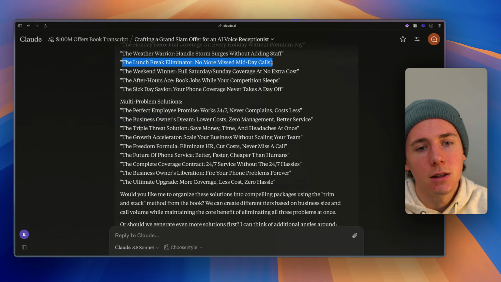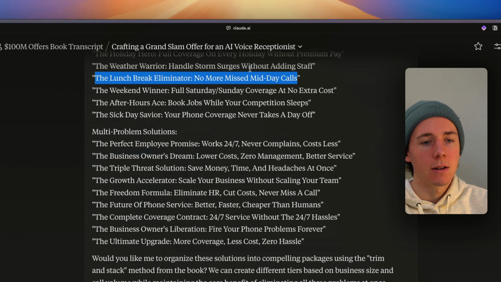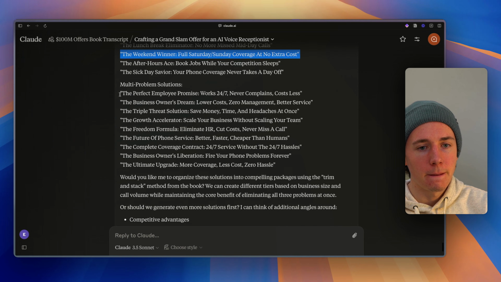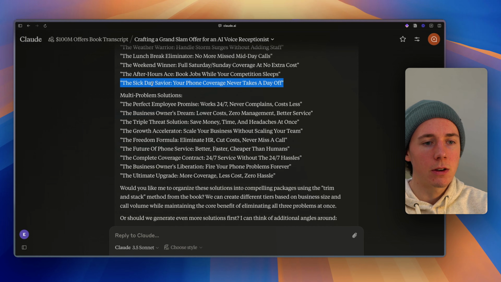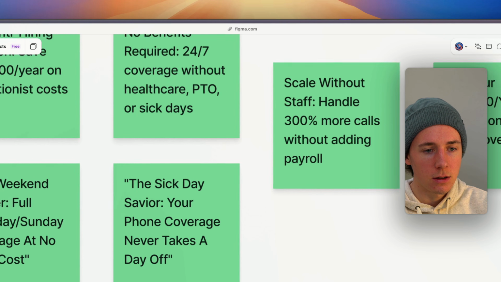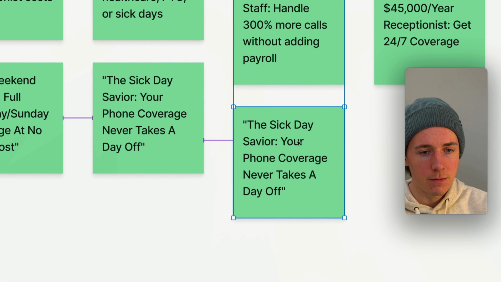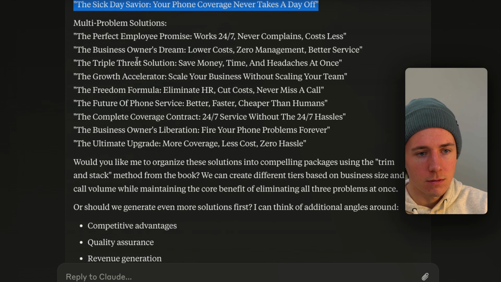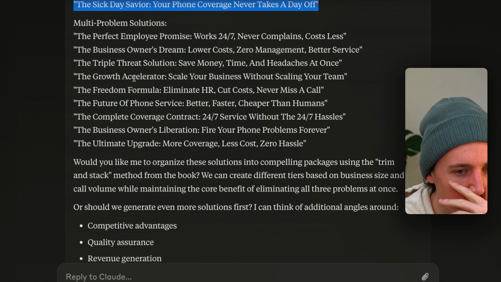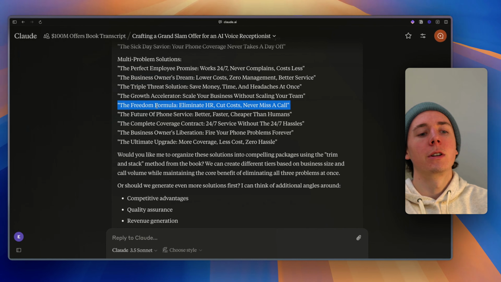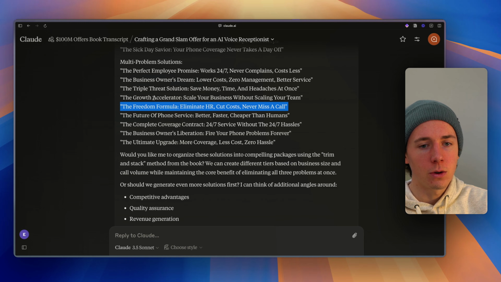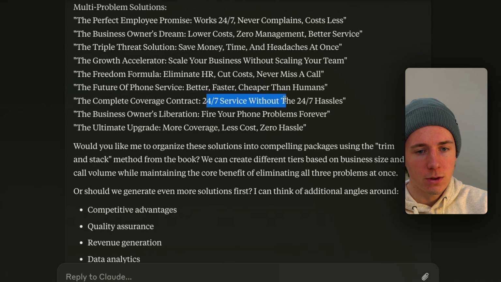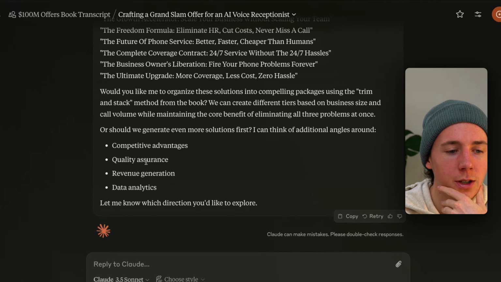Missed midday lunch calls, I guess maybe. And kind of like this one as well. Sick day savior. Okay. Now, the freedom formula, the growth accelerator, contract, 24/7 service. So I think this would actually be really good.